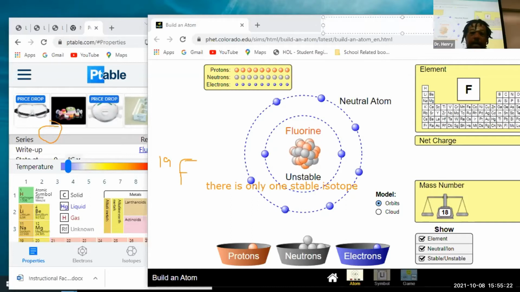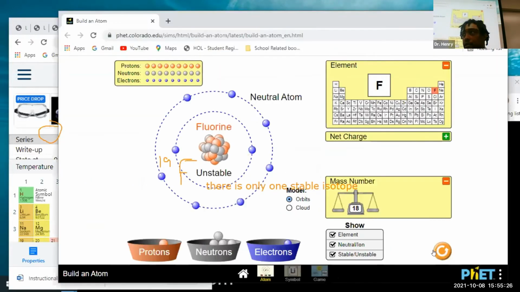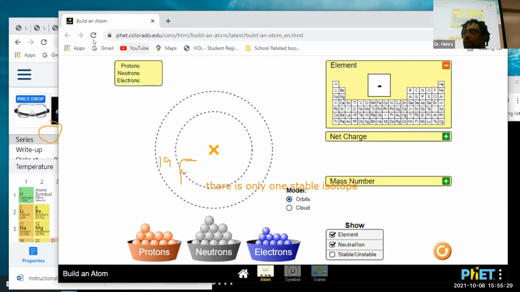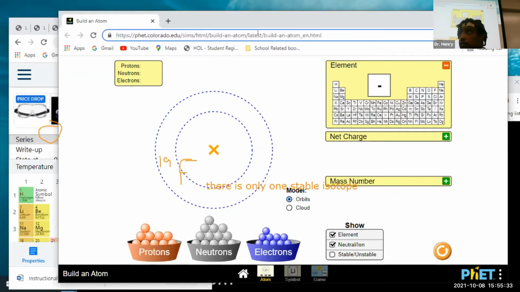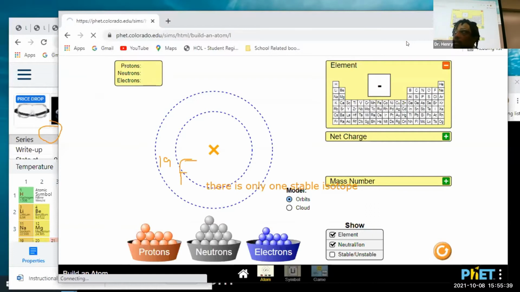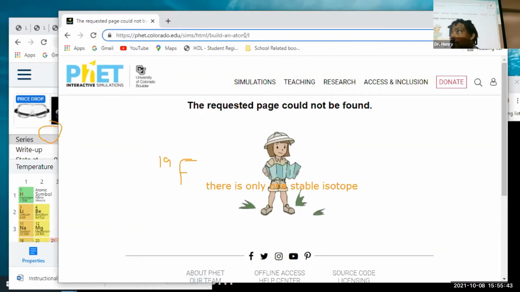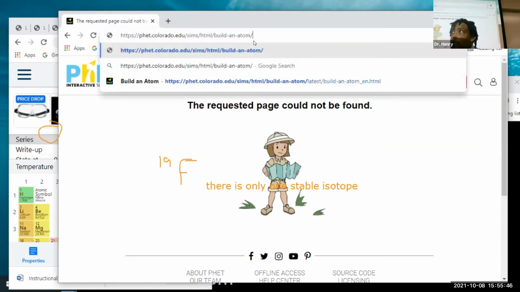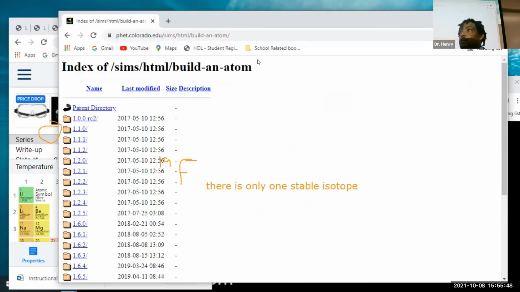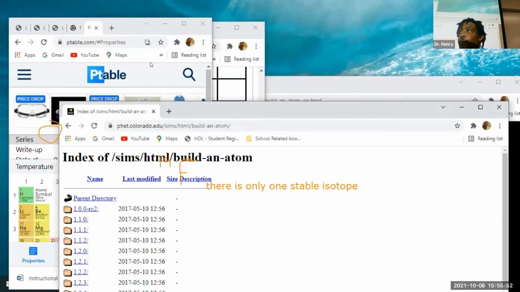Okay, the last part of the lab. I have to go back to my original.